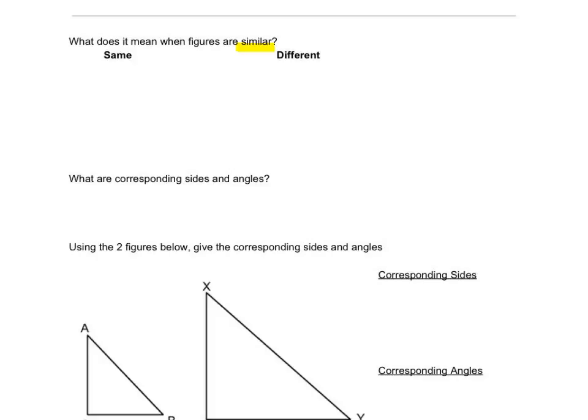For this first one, we are going to leave it as that they need to be the same shape or the same figure. And what's going to be different is the size. And that size can be larger, or that size can be smaller. But it's going to look like the exact same thing.